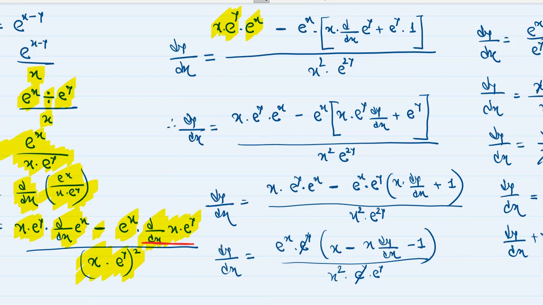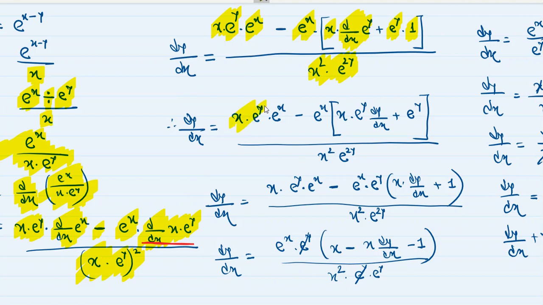So e raised to x remains as it is, and inside the product rule says first function multiplied by the differentiation of second function plus second function multiplied by the differentiation of first function. So d by dx of x is 1, and x multiplied by e raised to y the whole square becomes x square multiplied by e raised to 2y.